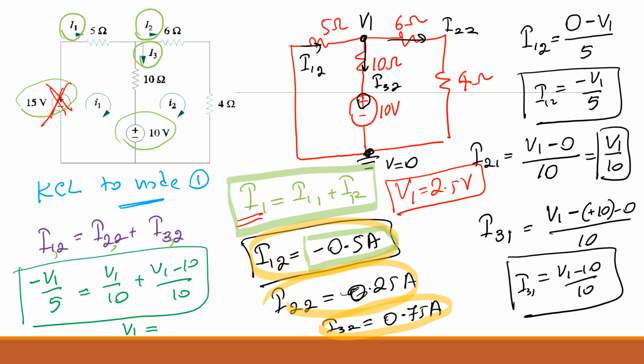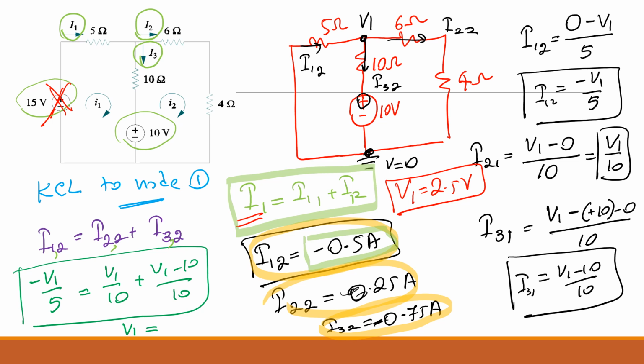Yes, you are right. So 2.5 minus 10 divided by 10 is negative, yes, you are right. Yes, it's right. This I32 is negative 0.75. That's right. So I3 will be 0, isn't it? 0.75 minus 0.75 is 0.